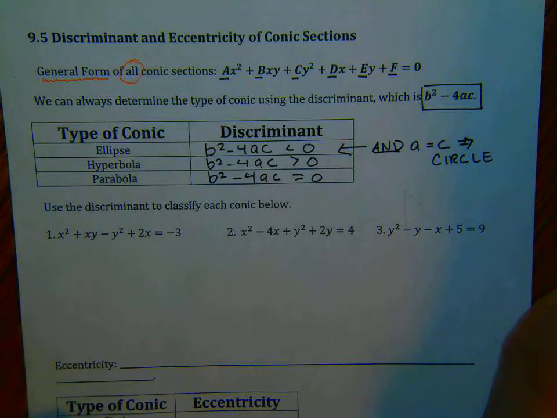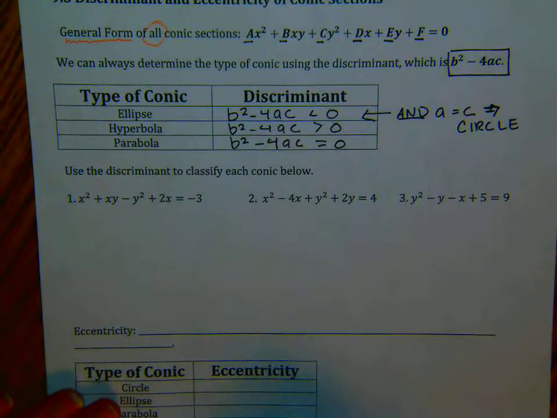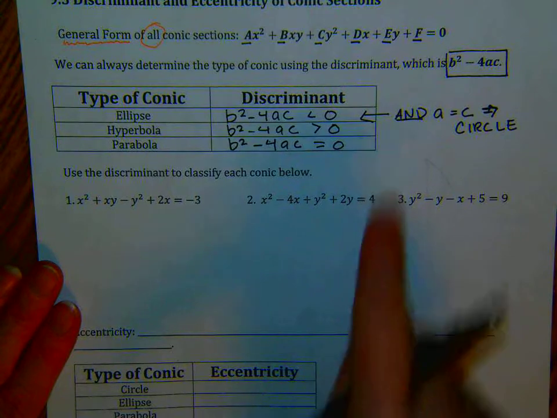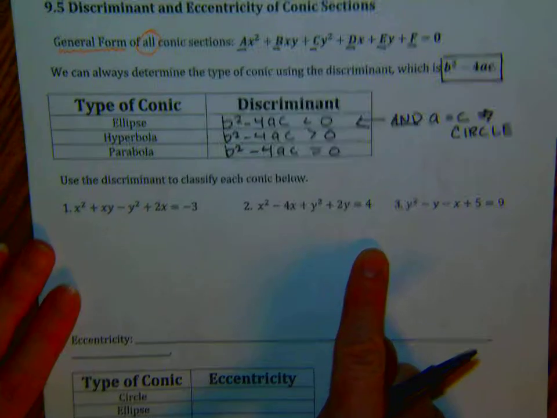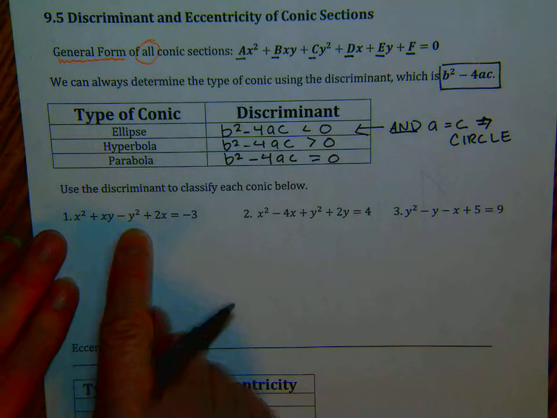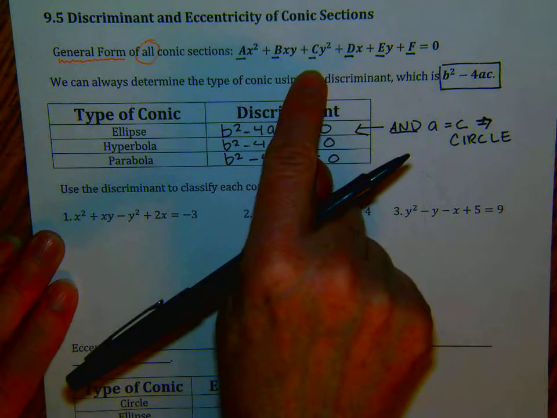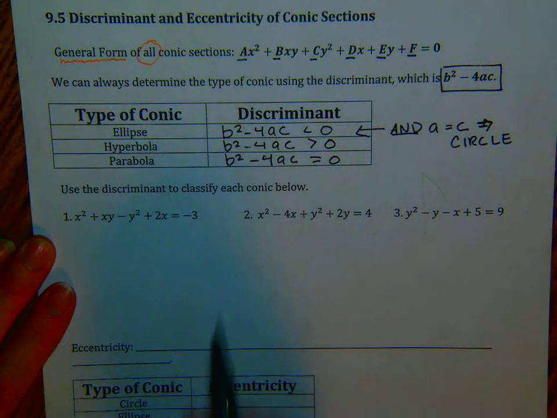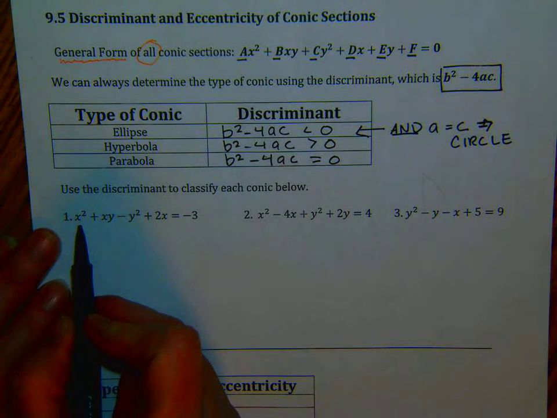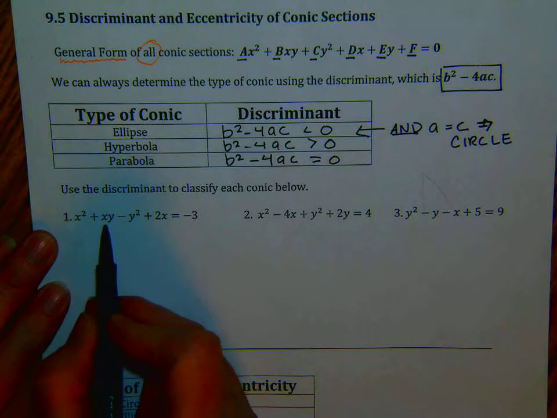Okay. So let's take our new information and classify the conics below. Remember, we first have to get each of these conics into the exact general form. So let's do that. Okay? So we start with x squared, xy term, y squared, 2x.